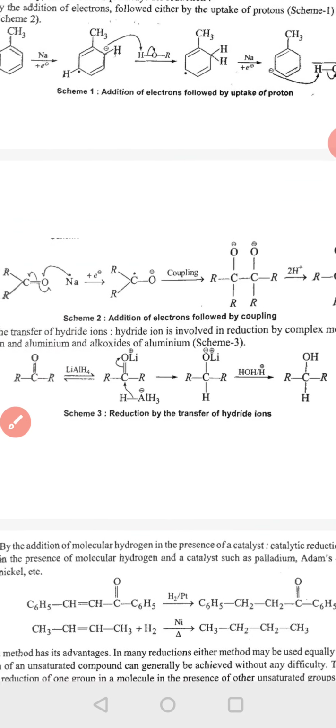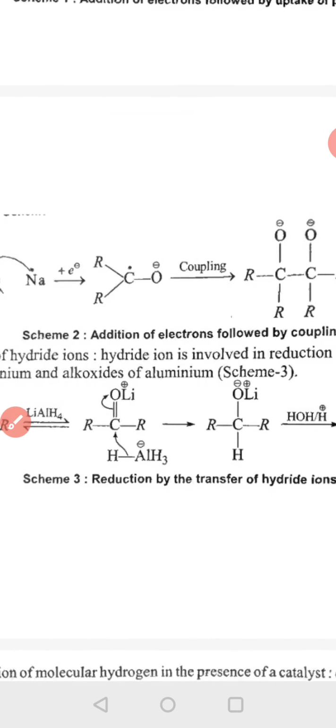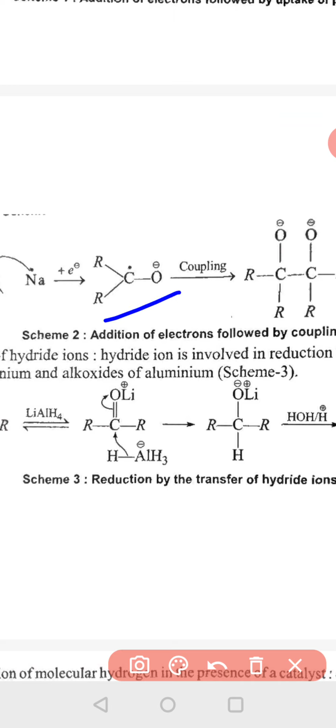and in scheme 2. This is scheme 2. Here again addition of electron occurs. Homolytic fission of CO bond takes place. One electron goes to carbon, one goes to oxygen. The electron which is being attached goes to oxygen. We get this intermediate. This is a free radical and this is free radical anion.